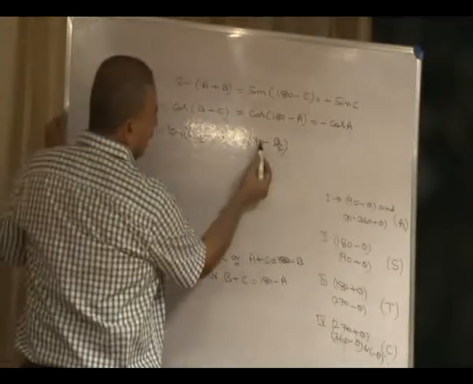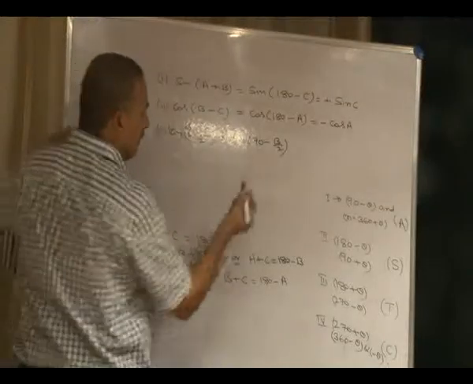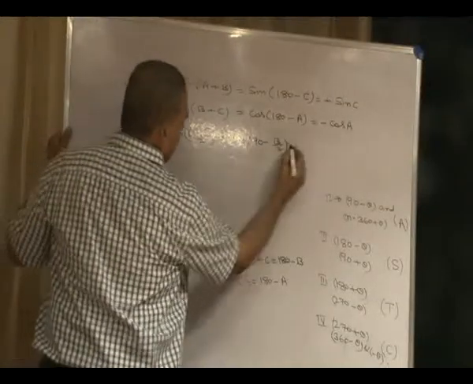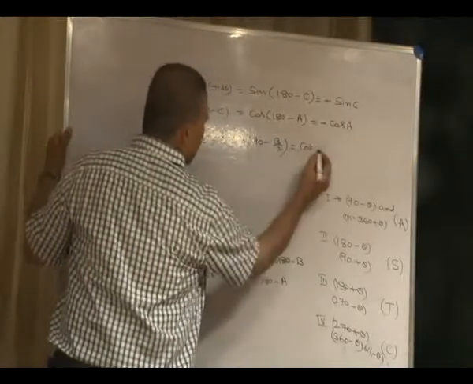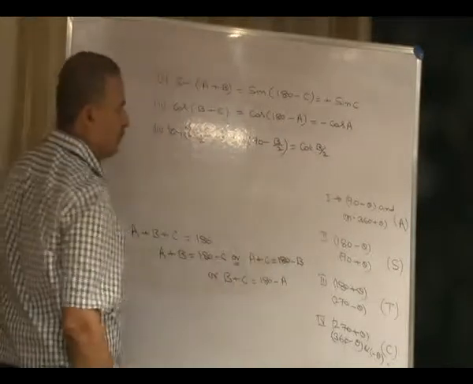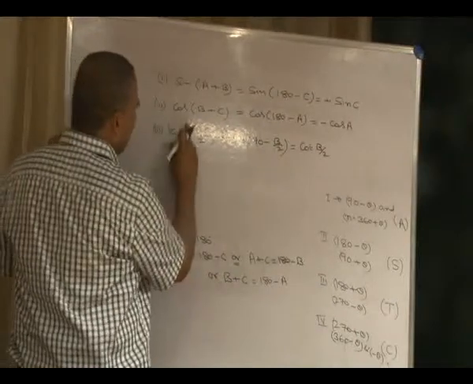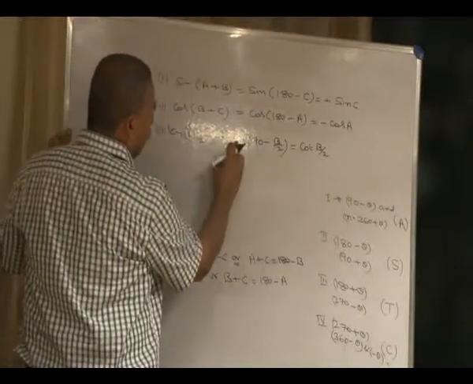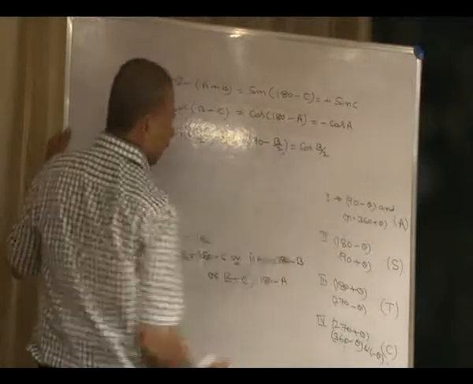In the first quadrant, all the trigonometric functions are positive, and in 90 minus theta, tan changes to cot. So tan of (A plus C) by 2 equals tan of (90 minus B by 2), that is equal to cot B by 2.